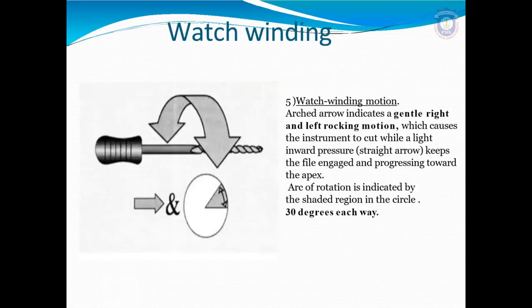Watch winding motion. The arched arrow in the diagram indicates a general right and left rocking motion, which causes the instrument to cut while a light inward pressure keeps the file engaged and progressing towards the apex. The arc of rotation is indicated by the shaded region in the circle, which is 30 degrees.